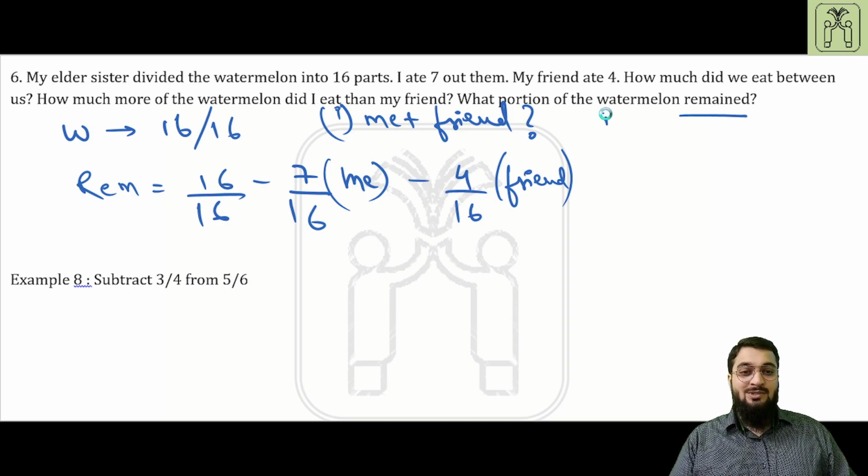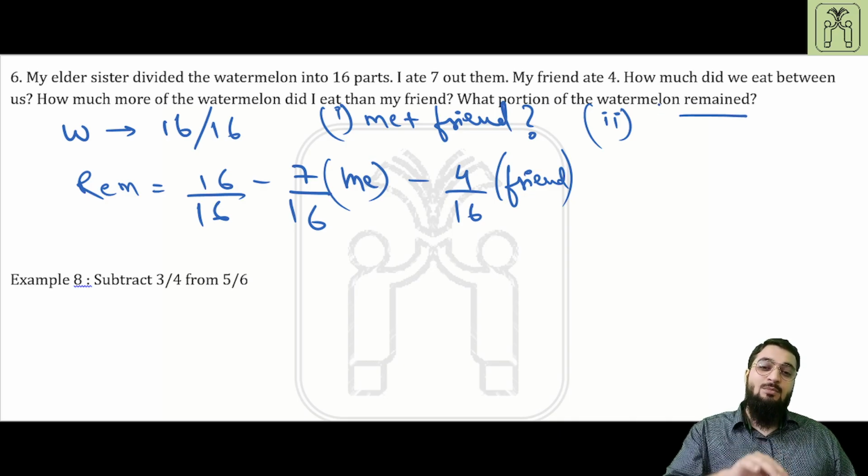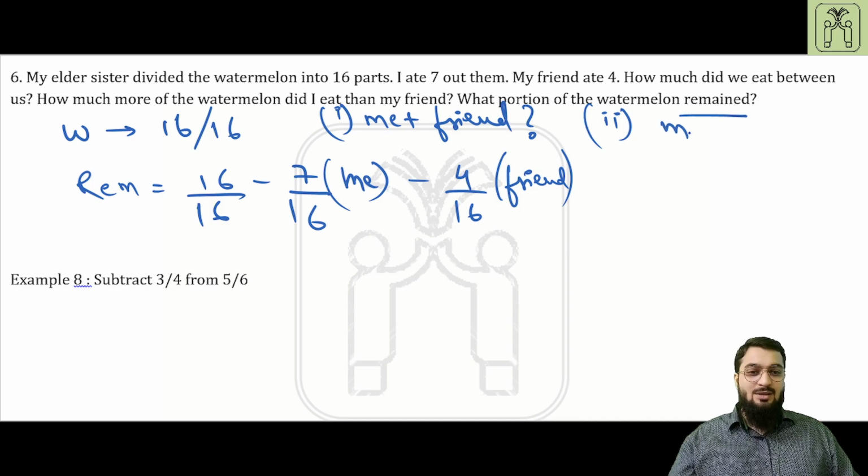Now in the second part, it is asking how much more of the watermelon did I eat than my friend. That is, I have to subtract the amount of watermelon my friend ate from my portion. So I will subtract me minus friend. Focus on the language and you will get to understand.